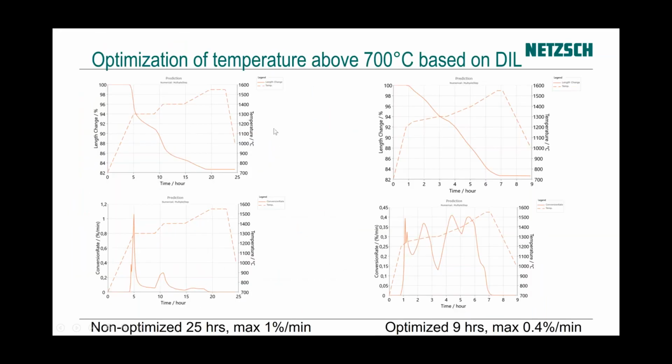Here we have the non-optimized temperature profile of 25 hours and 1% per minute for the non-optimized value, and for the optimized value we have 9 hours and only 0.4% per minute. We made the total process shorter by more than 60%.